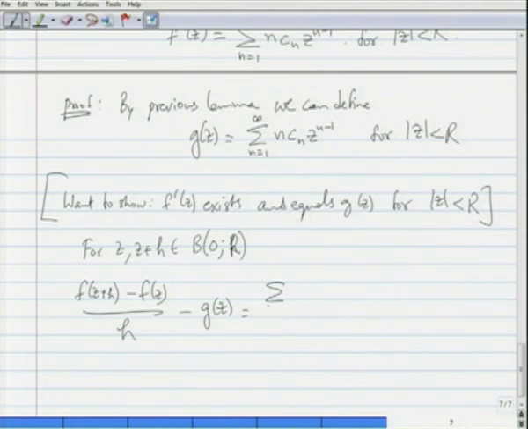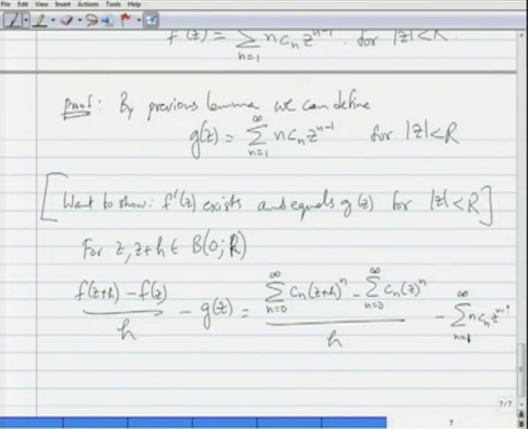It is sigma n equals 0 through infinity C n z plus h power n, minus sigma n equals 0 through infinity C n z power n, divided by h, minus g of z, which is sigma n equals 1 through infinity of n C n z power n minus 1.